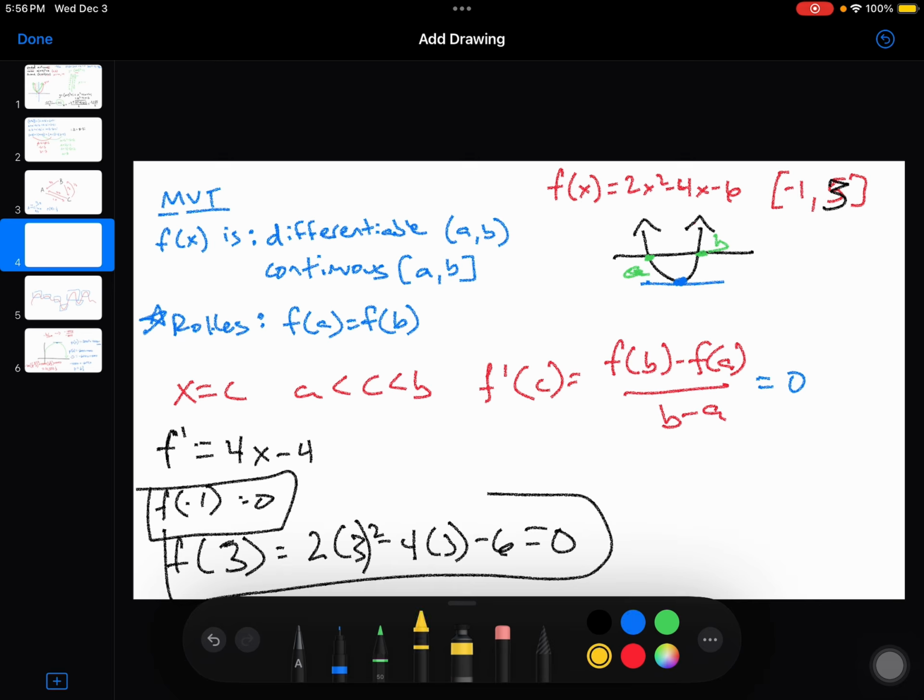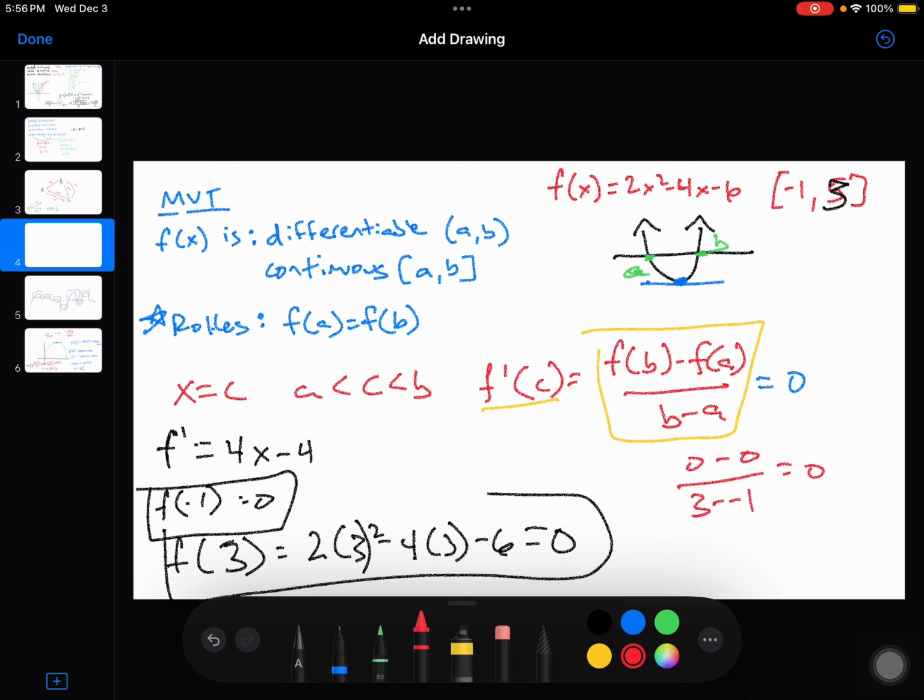Again, the hard part to understand is this whole notation with f prime of c, and then f of b, and f of a, and b and a on the bottom. But really, this is just y2 minus y1 over x2 minus x1. And so what we've got is 0 minus 0 is going to give us 0, and it doesn't matter what's on the bottom, but it'll be 3 minus negative 1, which is still 0.